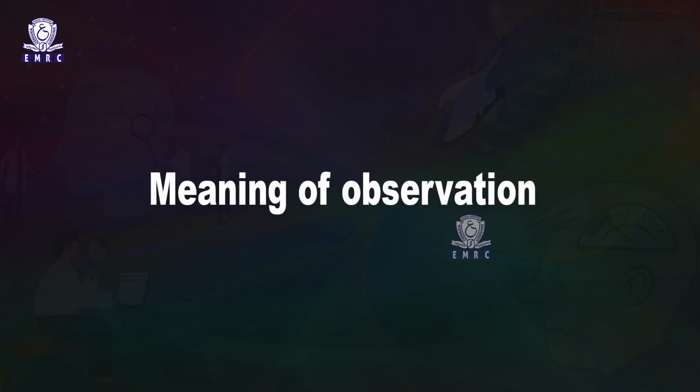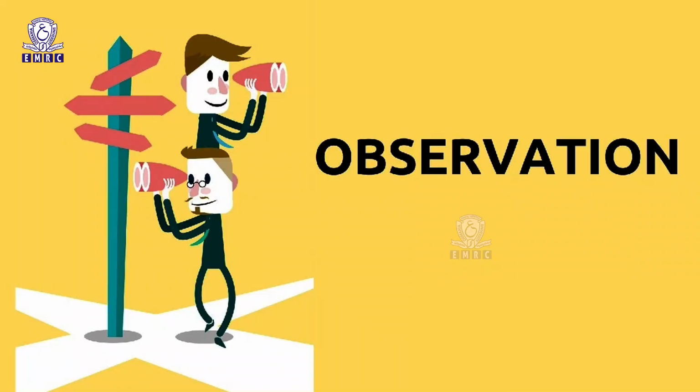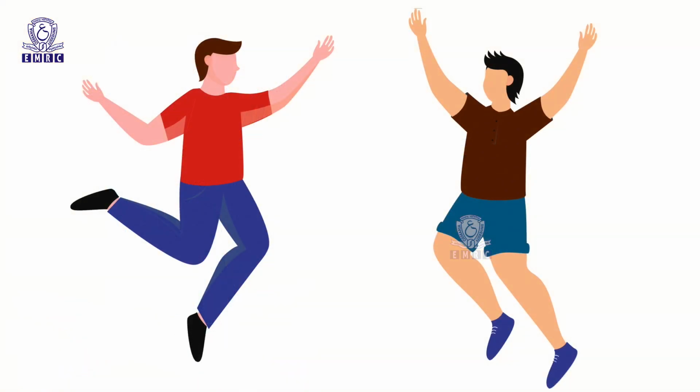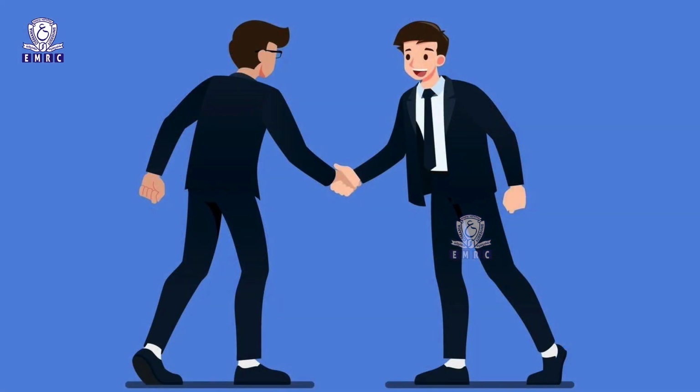Now, what is the meaning of observation? Observation literally means looking outside oneself. Facts are collected by observing overt behavior of the individual in order to locate underlying problems and study developmental trends of different types. The overt behavior is the manifestation of covert conditions within the individual.